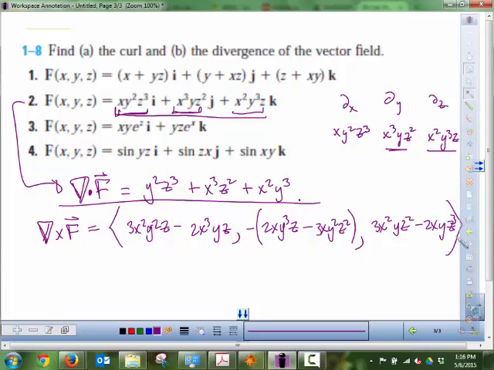What does it mean? Okay. The curl, in the past, was usually referred to as the rot, which stands for what?